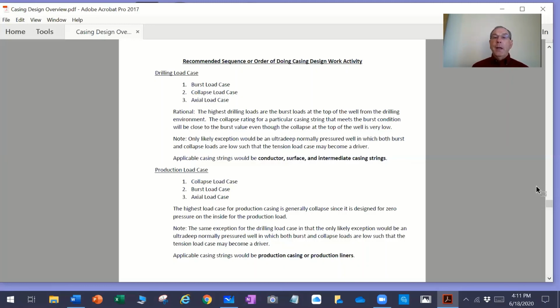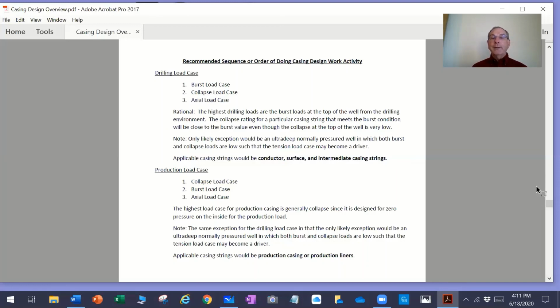So that would not be high strength in terms of burst or collapse, but it would probably be driven by a tension load case on a really deep, normally pressured well. But that's pretty much an exception. I haven't had too many wells like that, but it does occur on, like I say, an ultra deep, normally pressured well.